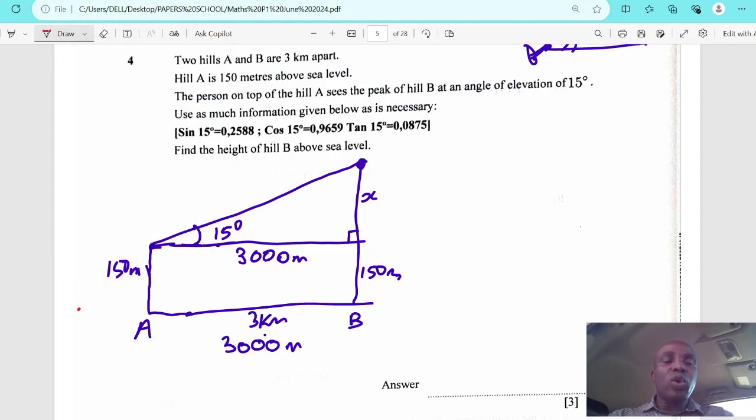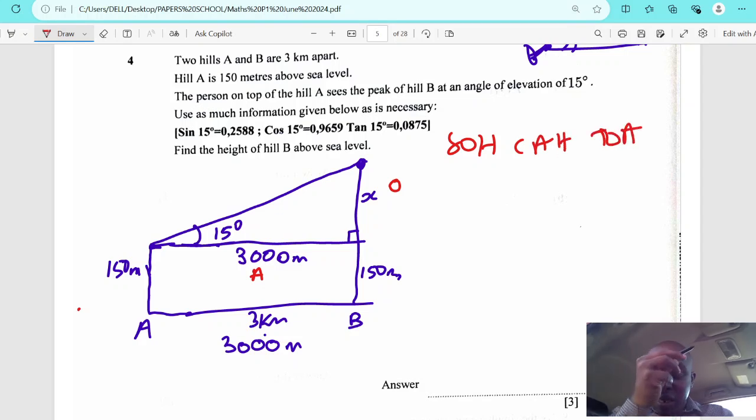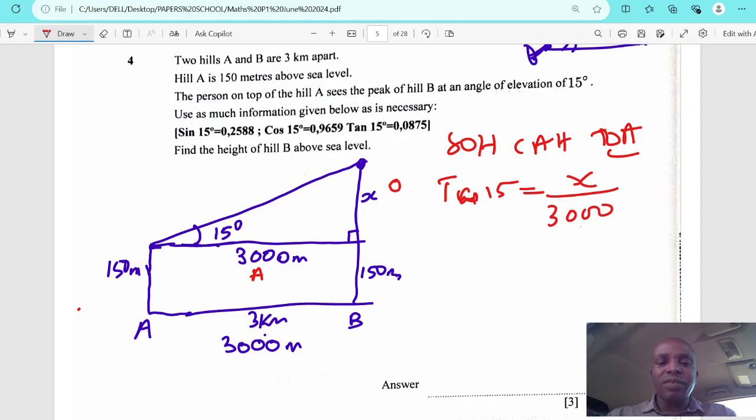So using SOH CAH TOA, this part is the opposite and this part is the adjacent. We have opposite and adjacent, that's TOA, tan. So tan of the angle, which is 15, equals opposite, that is X, over adjacent, that is 3,000.